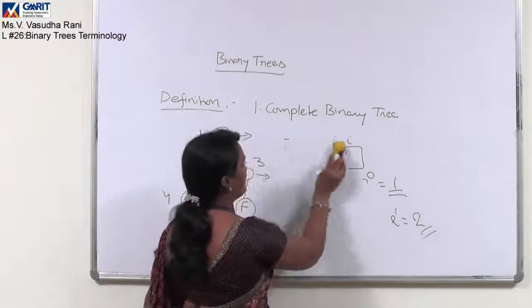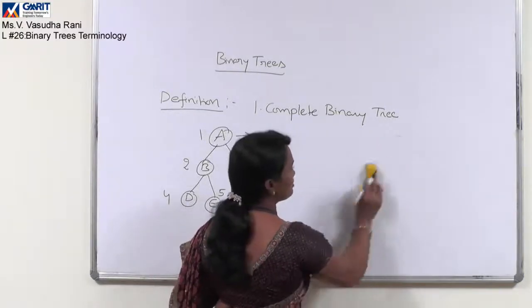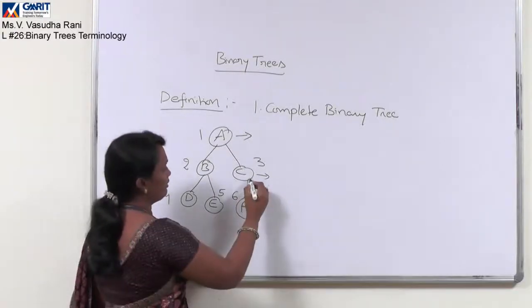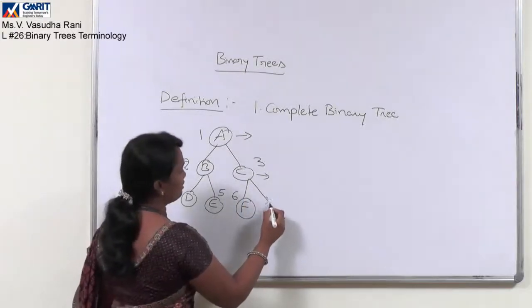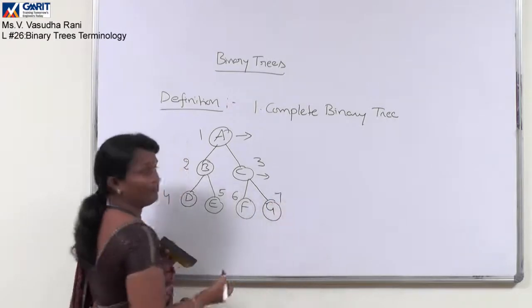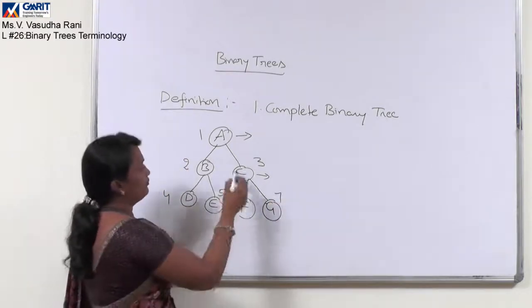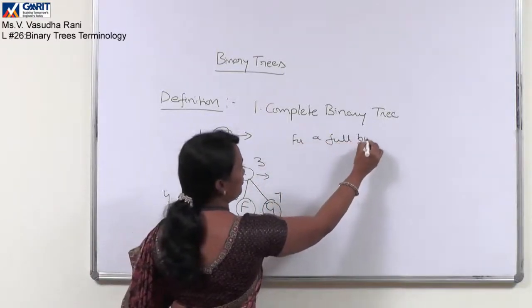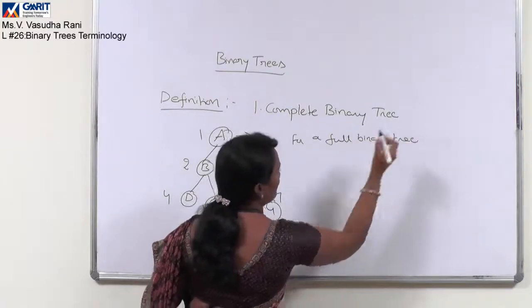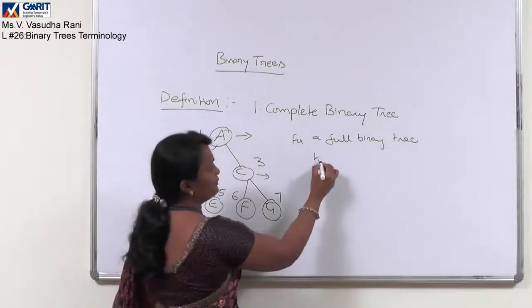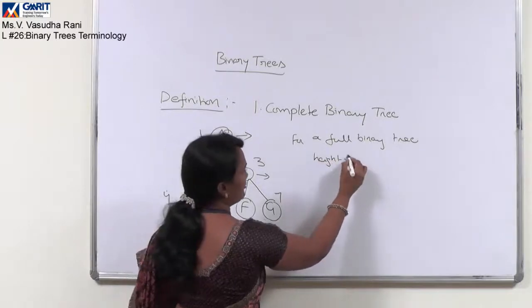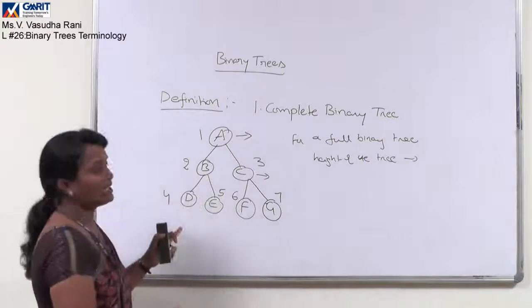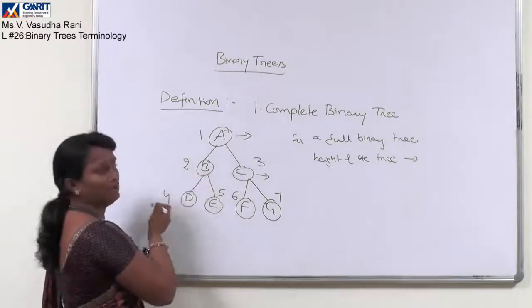Then, for the total number of nodes in a particular tree, if you consider a full binary tree, and if you know the height of the tree, here the height of the tree is the maximum level number: level 1, level 2, level 3.